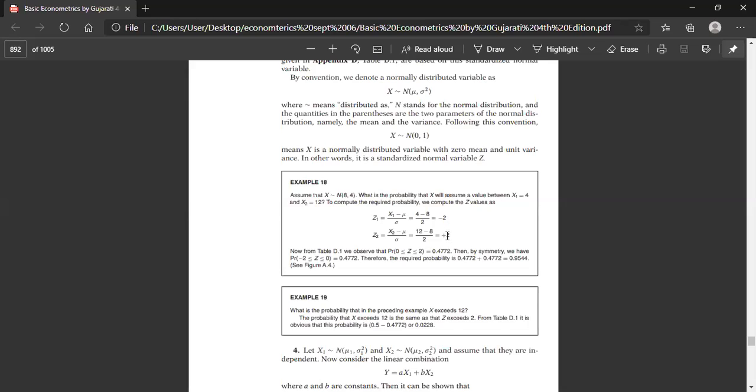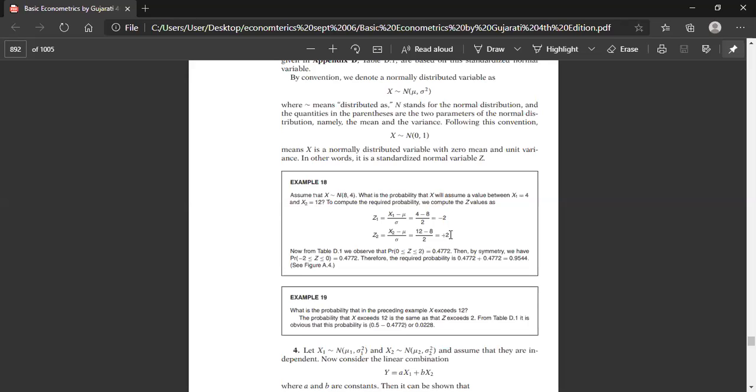But how far in standard deviation terms? 2 standard deviations, because 1 standard deviation is 1, 1 plus 1. You are going 2 standard deviations to the right.